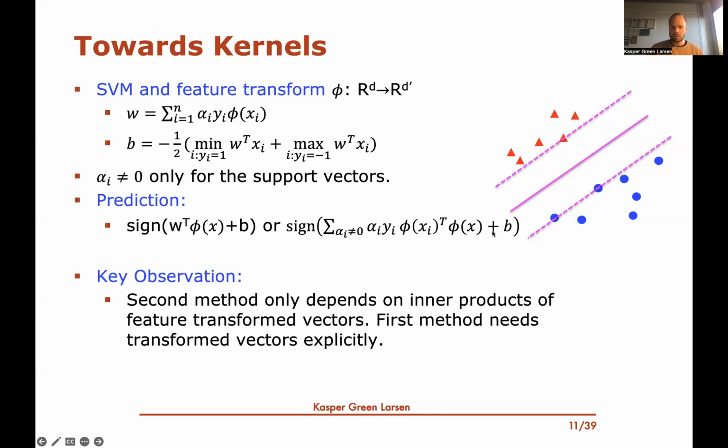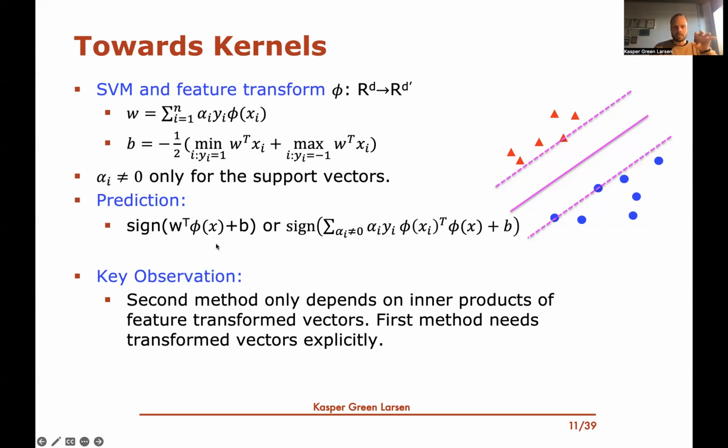You only need to know what the inner product is between the feature transformed xi and the feature transformed x. You don't need to know what the vector itself is. You just need the inner product. The first method, you actually need W explicitly, so you need to get a handle on the feature transform vector directly.